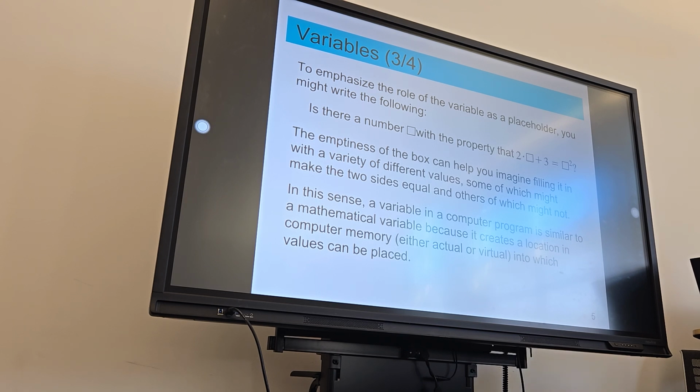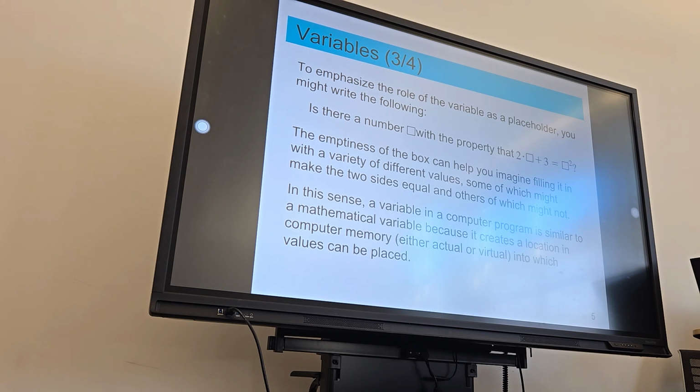The idea of using a box to represent a variable makes it a little bit more intuitive: what goes in the box to satisfy these conditions. A variable in a computer program is similar to a mathematical variable because it creates a location in computer memory into which values can be placed.